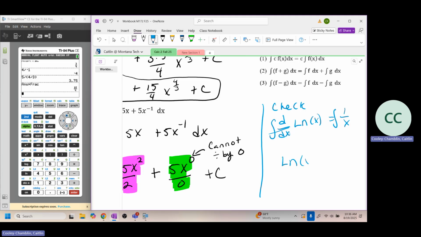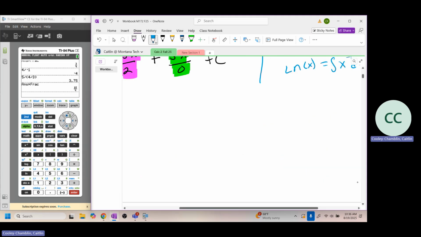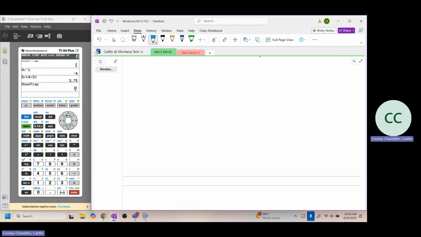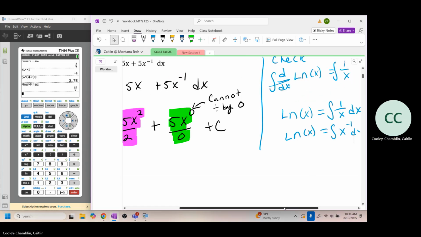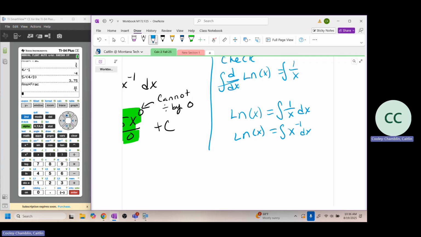So ln of x equals the integral of 1 over x dx. Or let's do a little algebra: ln of x equals the integral of x to the negative 1 dx. So if we see x to negative 1, then we know our antiderivative was ln of x.